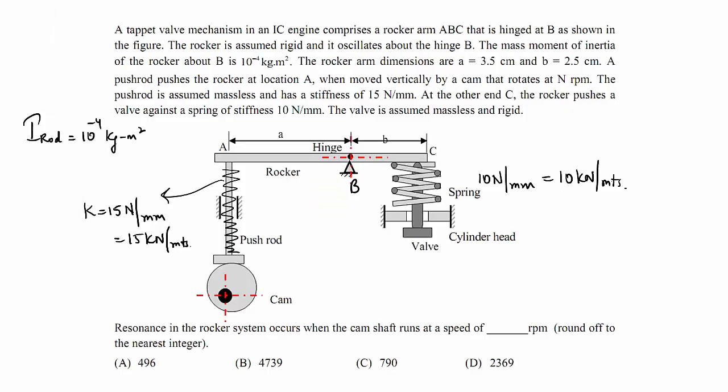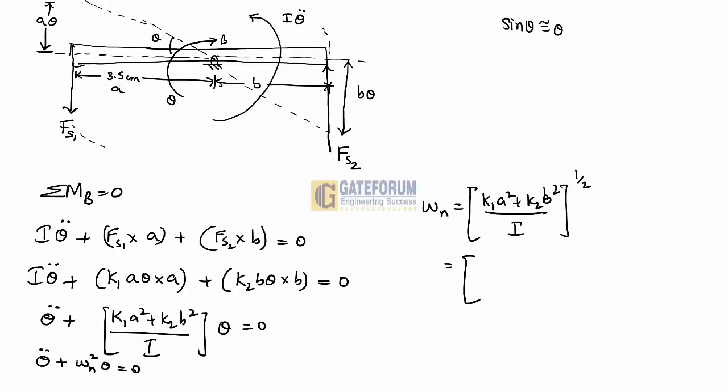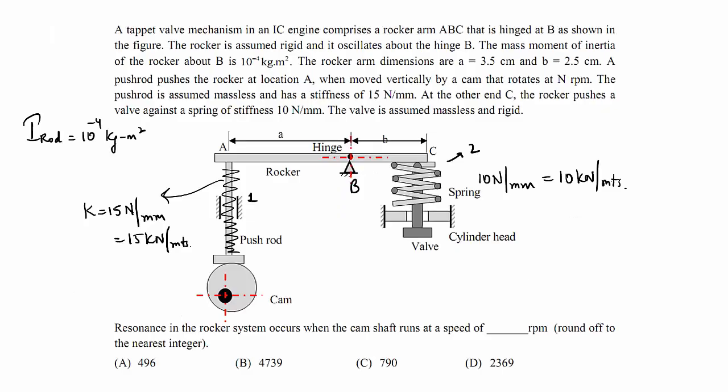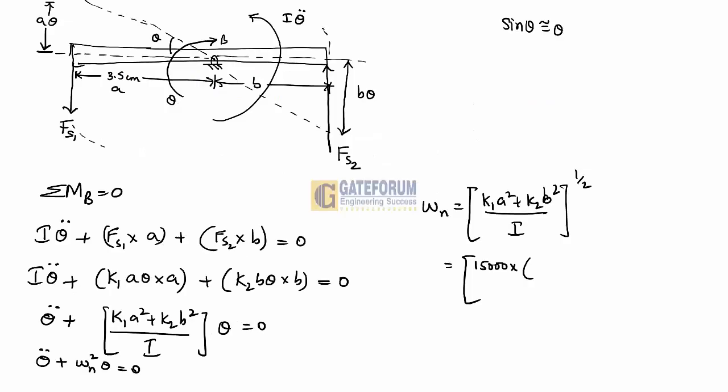K1 is 15,000 Newton per meter and K2 is 10,000. So this is 15,000 into A, and A is 3.5 centimeters, that is 3.5 into 10 power minus 2.